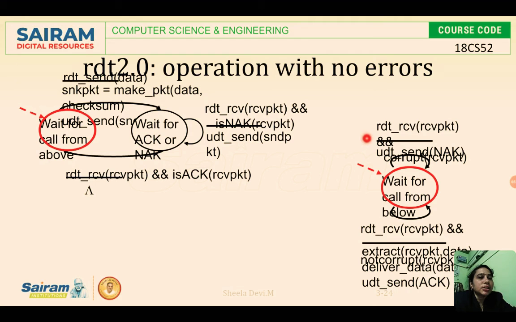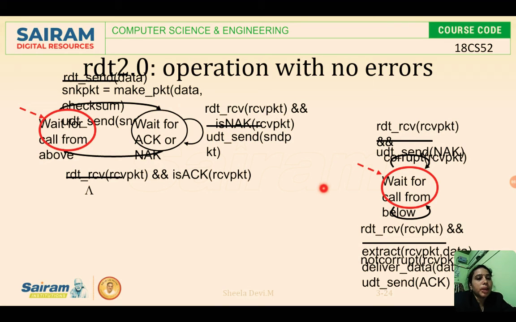What happens if the received packet is corrupted? It will send a negative acknowledgement. The event is rdt_rcv(rcvpkt) and corrupt(rcvpkt). For that, the action taken is udt_send(NAK).